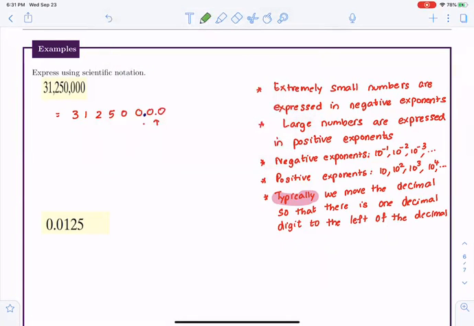If I move it here, I have 3 on the left and 5 on the right. So for me to have only 1 on the left, the decimal has to be there. So we have to move the decimal from out here to that position. And that is our objective.